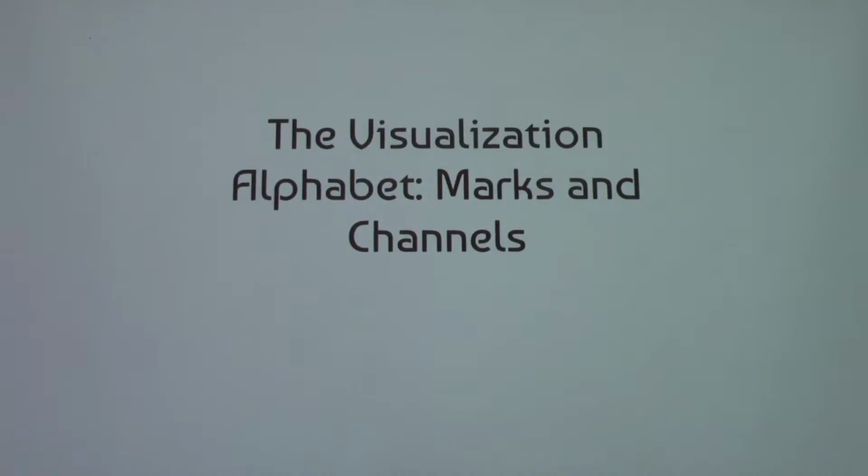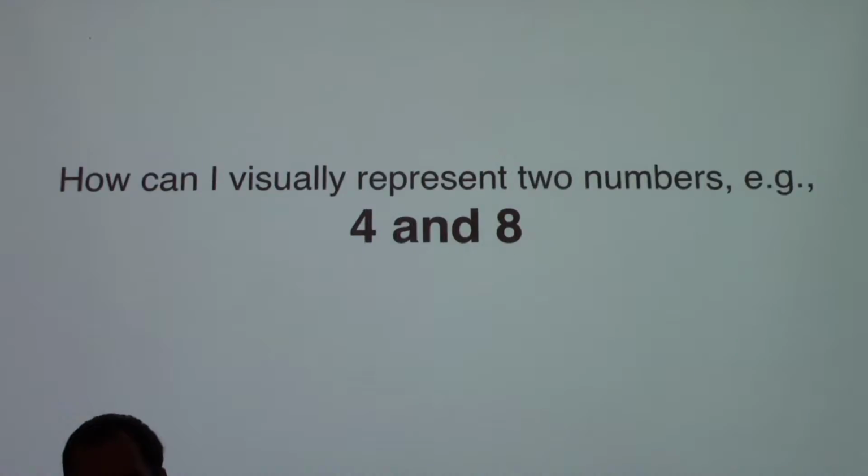So let's talk about the visualization alphabet, marks and channels. If you think about it, how can I visually represent two numbers, 4 and 8? You can give suggestions. Size, okay. What shape? Square. We have here square, 2.